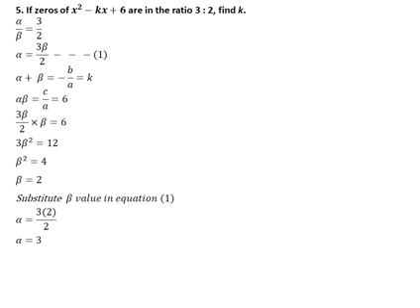Now we found the alpha value and beta value. Is the sum over? No. They ask you to find the k value. How do we find the k value? Sum of the roots is equal to k, that is alpha plus beta is equal to k. Already we found the alpha value is 3 and the beta value is 2. So 3 plus 2 is equal to k. k is equal to 5.